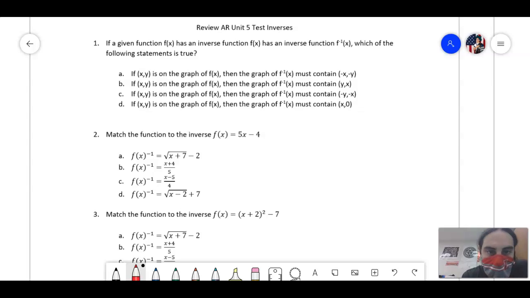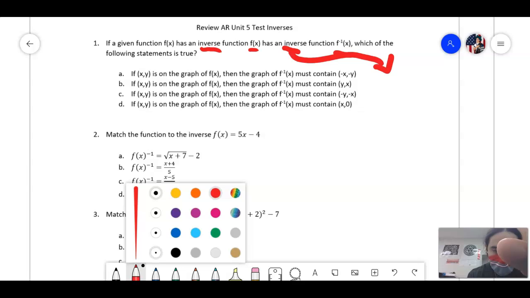So it says if a given function has an inverse of f of x, it has an inverse of f inverse x, which of the following statements is true? Now remember, whenever you have an inverse, that means it's going to be switched, or it's going to flip. One second, let me make this smaller.